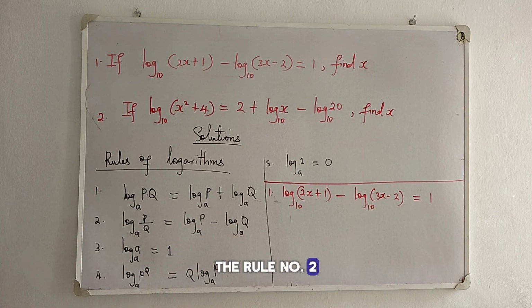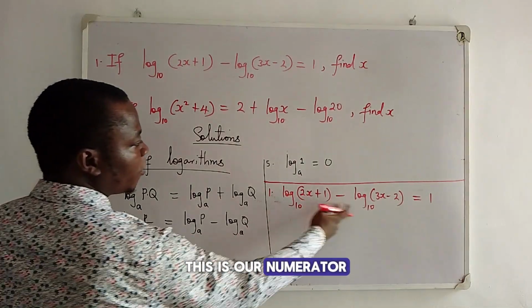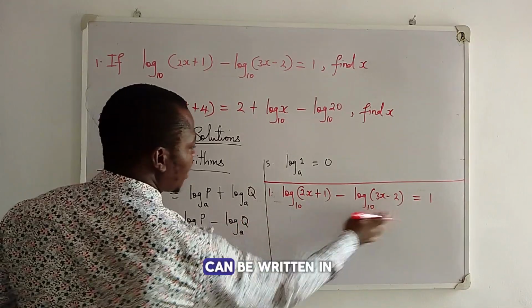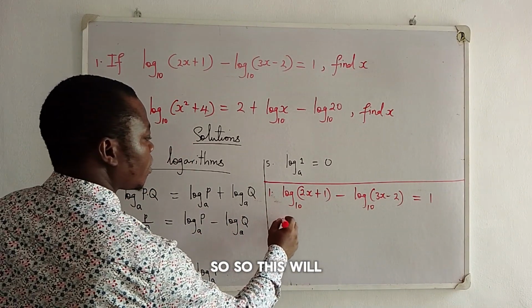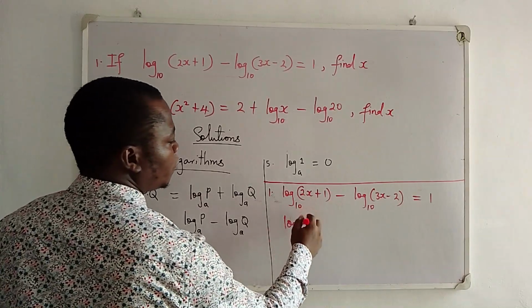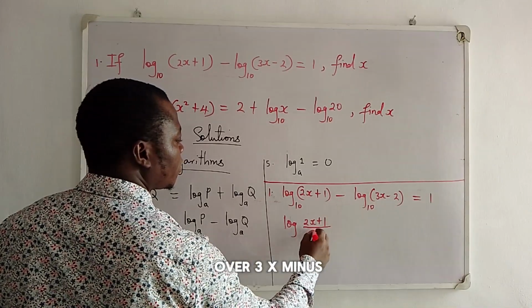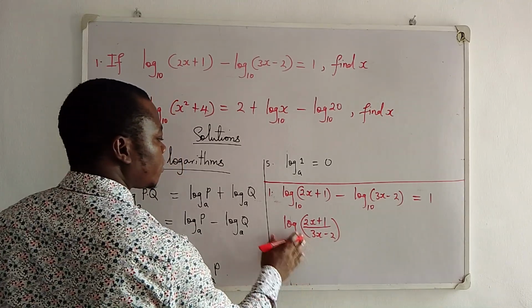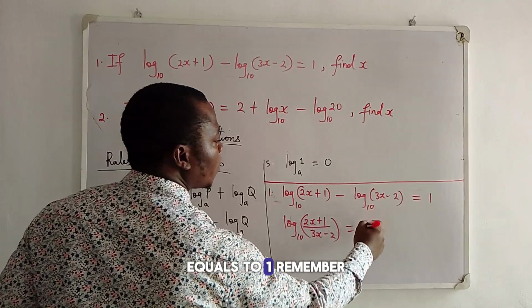This is our numerator and this is our denominator, so the whole of this can be written in this form: log of 2x plus 1 over 3x minus 2 base 10 equals 1.